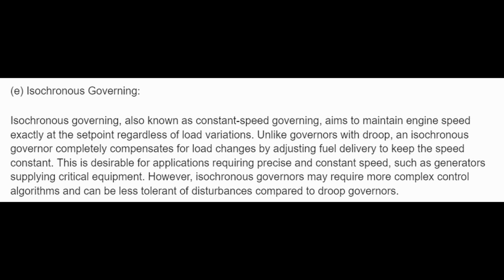This is desirable for applications requiring precise and constant speed, such as generators supplying critical equipment. However, isochronous governors may require more complex control algorithms and can be less tolerant of disturbances compared to droop governors.